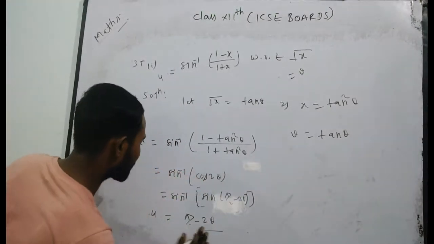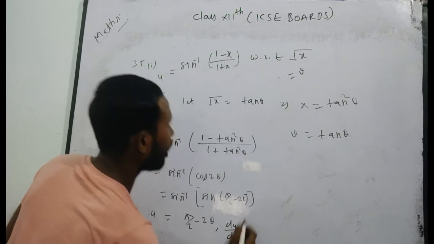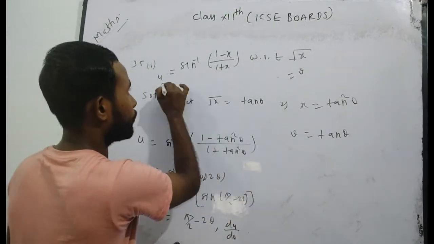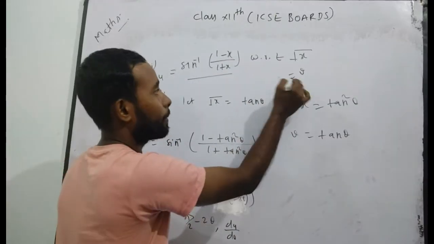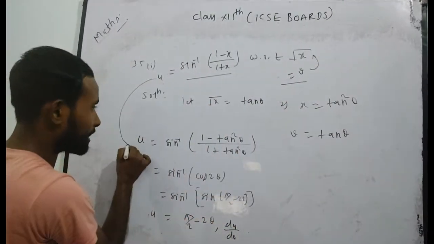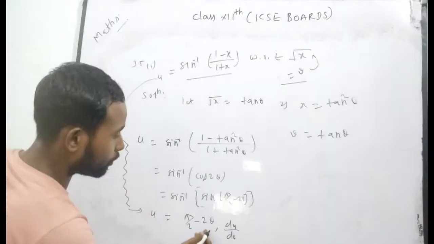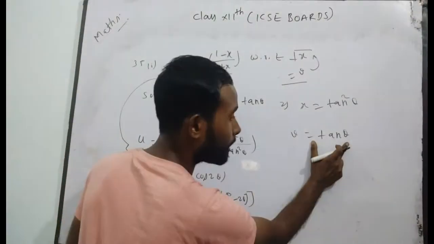Firstly differentiate u with respect to theta, because in the first case u is a function of x, and v is also a function of x, but after writing this step and manipulating some steps you get u as a function of theta as well as v as a function of theta.